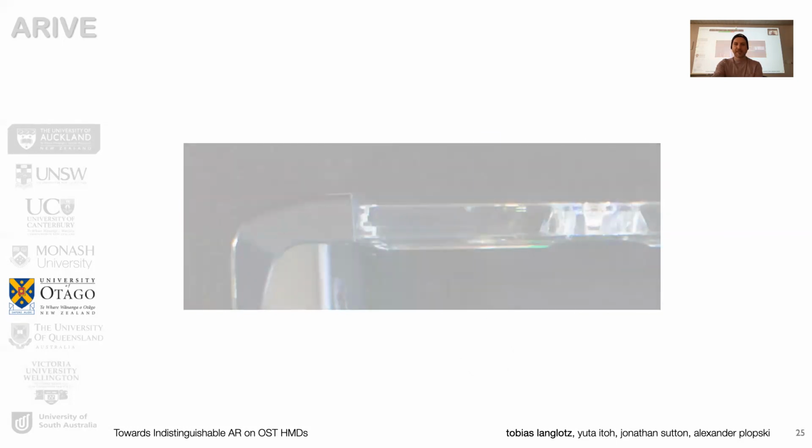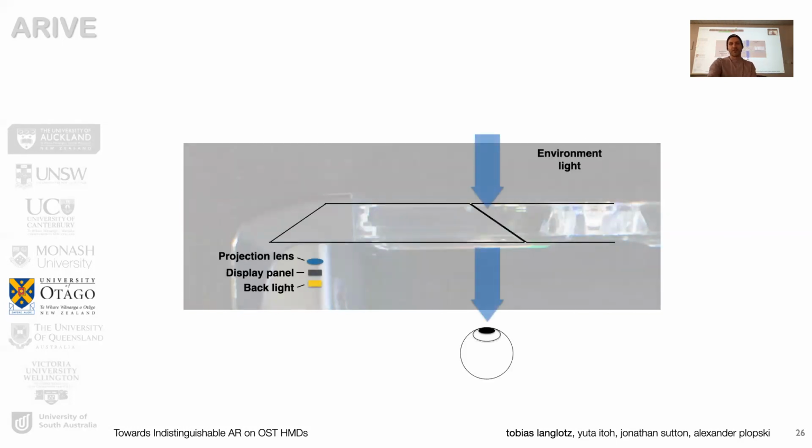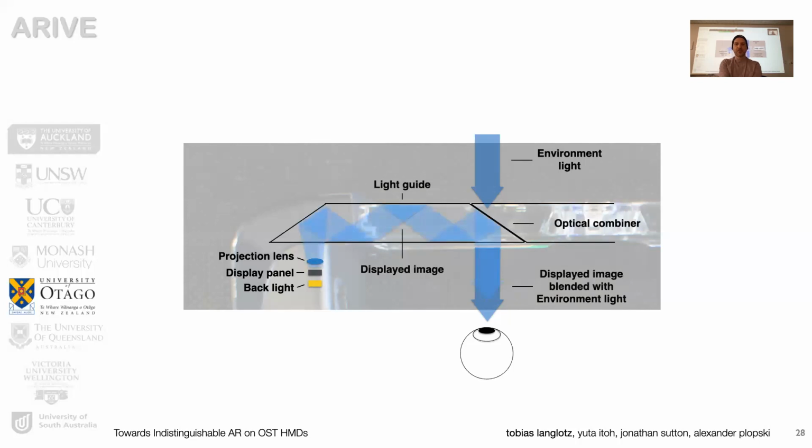So what happens is, first of all, they're transparent. Again, this is seen from the top, where the user's eye is, and normally the environmental light would go through this half-transparent display. But to make it a display, we have a display unit, and this is what is on the left-hand side.